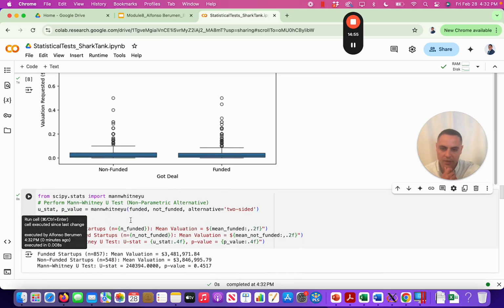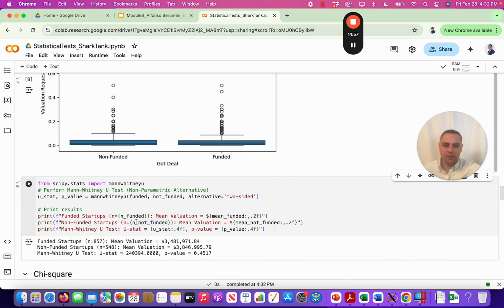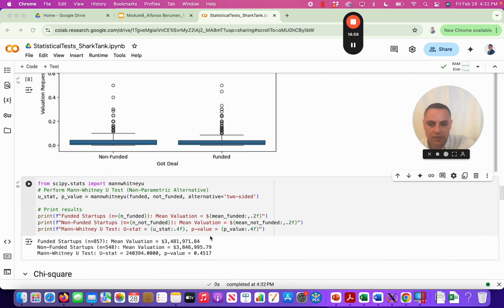So we can go ahead and run that, and it shows that the p-value is 0.45. Again, that p-value is not less than 0.05. So in fact, the results are consistent with the t-test, or the parametric version.